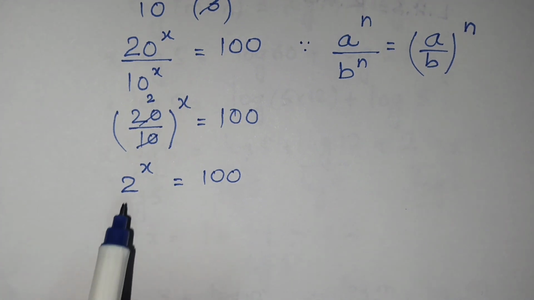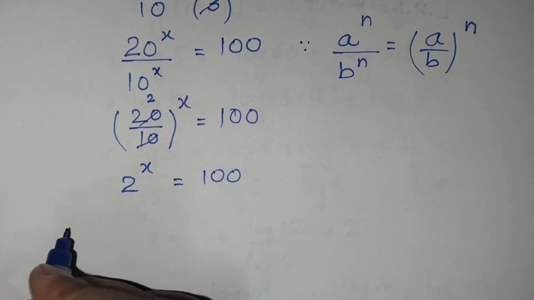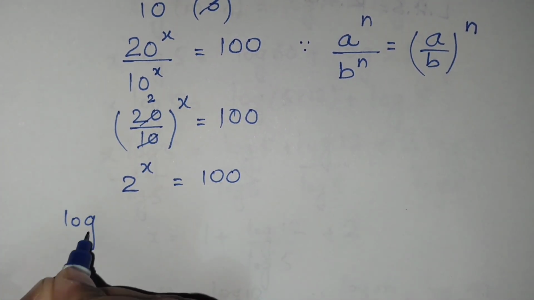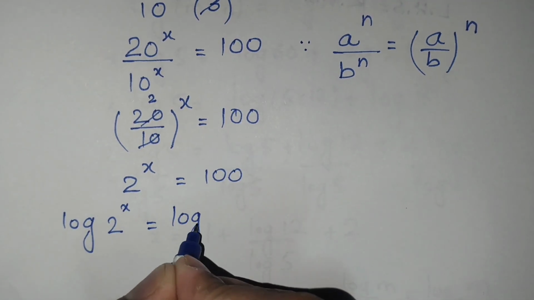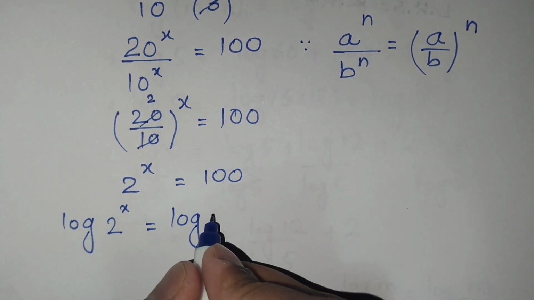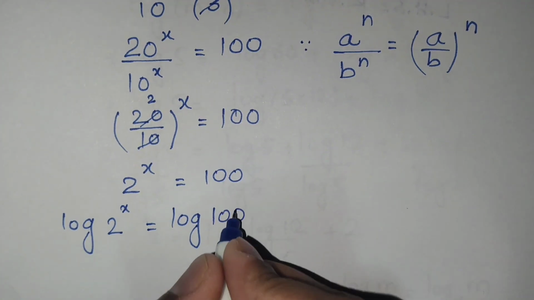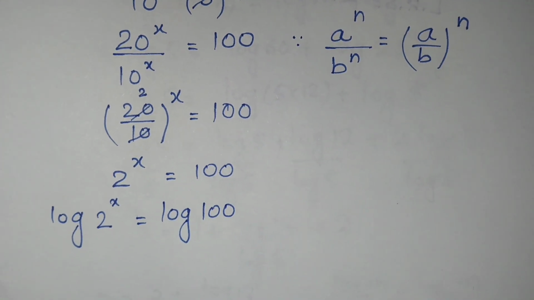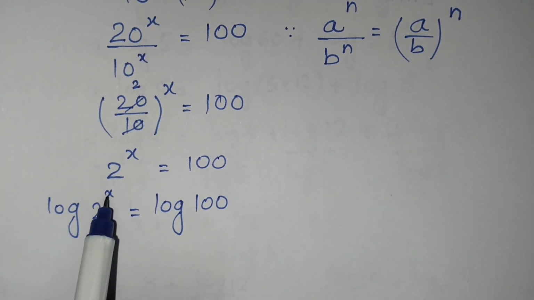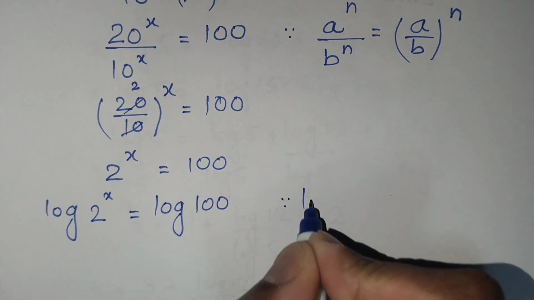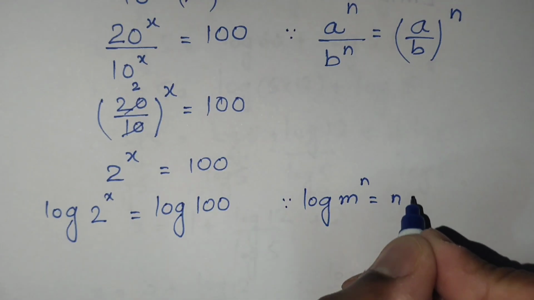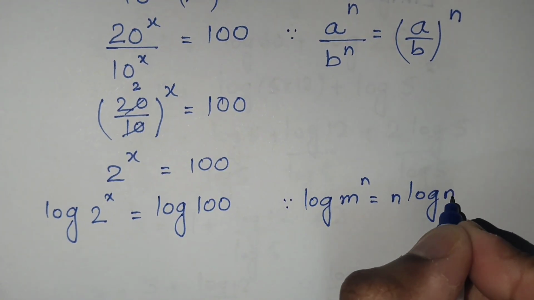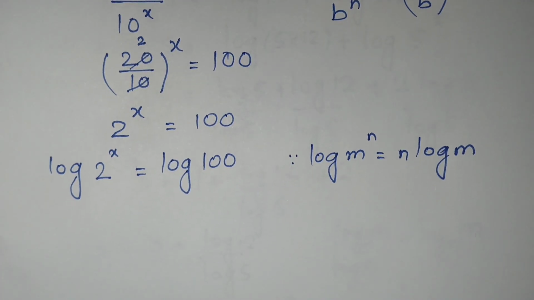Now we will take log on both sides to find x. It will be log of 2^x equals log of 100. On the left side we will use the power rule: log of m^n equals n times log of m.